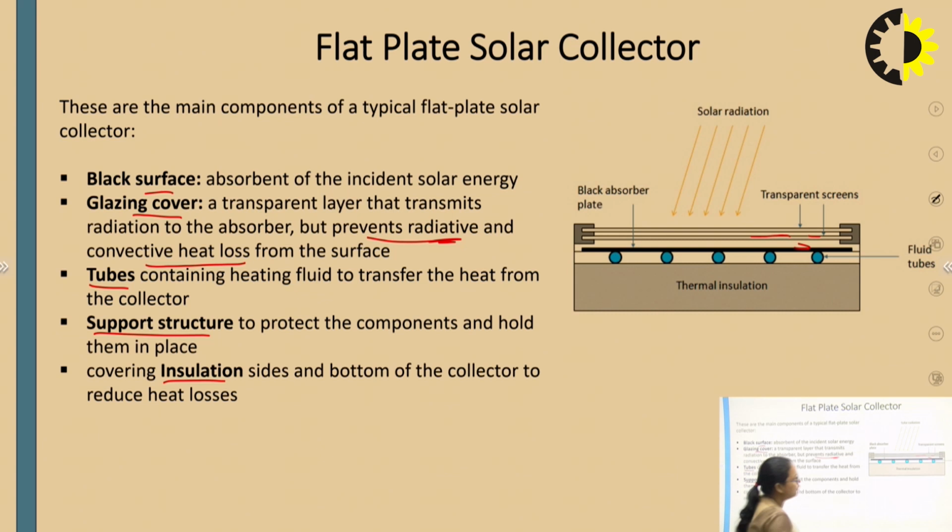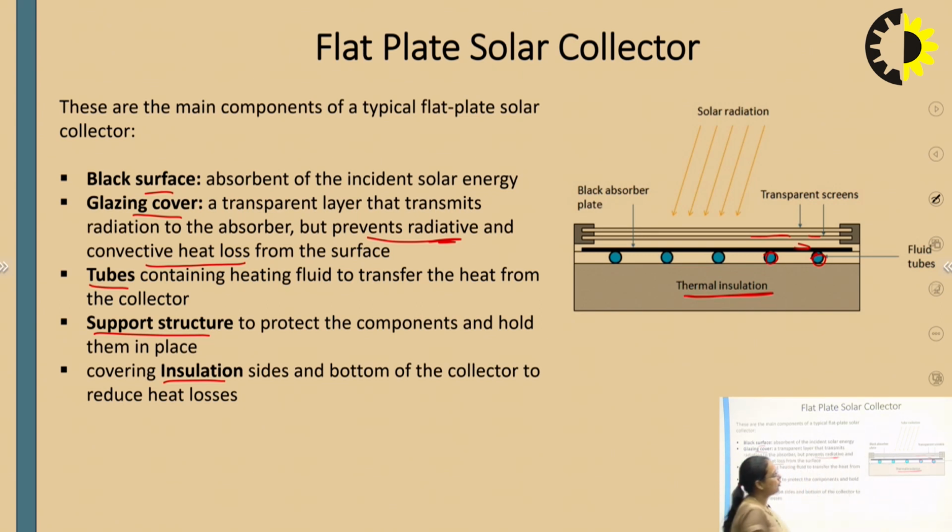Then these tubes contain the heating fluid so as to transfer the heat from the collector. Then the supporting structure is used to protect the components and hold them in their places, and it also includes the insulation. This is the insulation at the bottom and sides so as to reduce the heat losses.